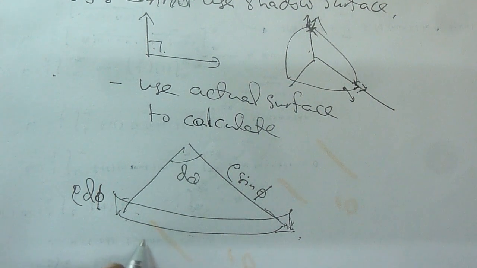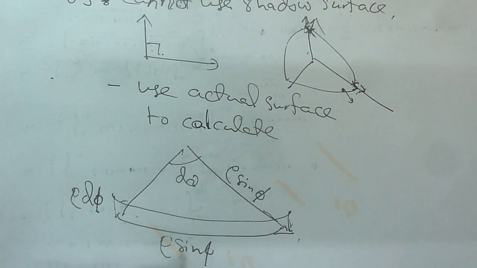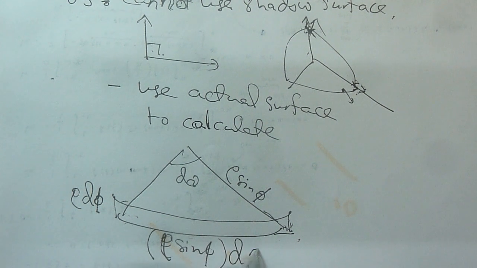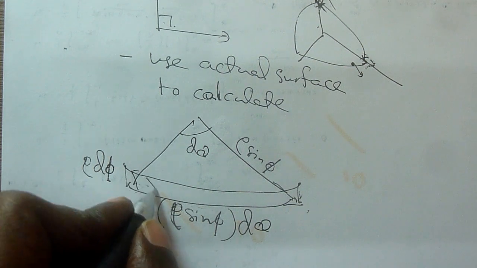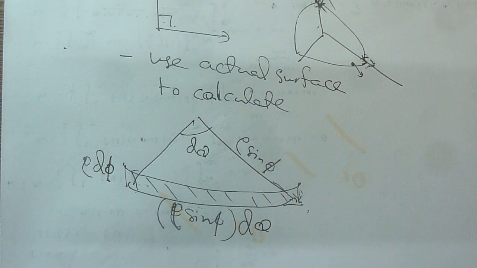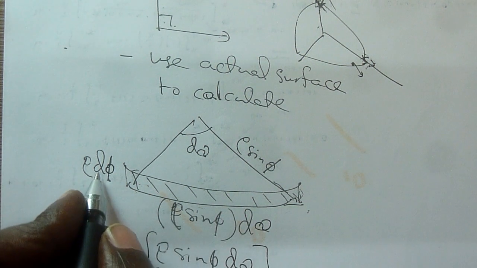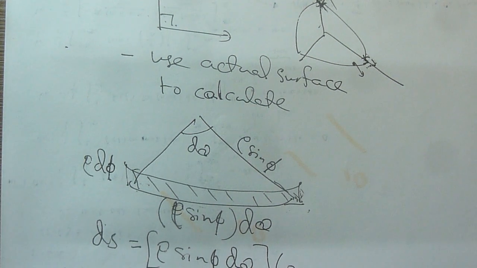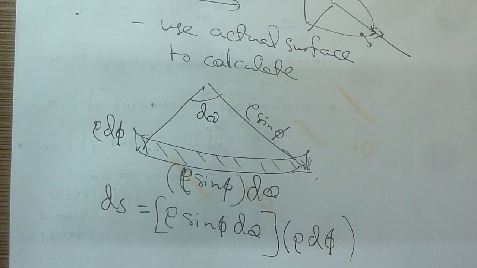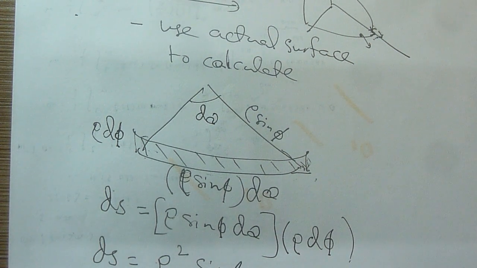This portion is ρ sin φ times dθ. I'm interested in this surface, therefore my dS is ρ sin φ dθ times ρ dφ. Quick revision only: dS = ρ² sin φ dθ dφ.